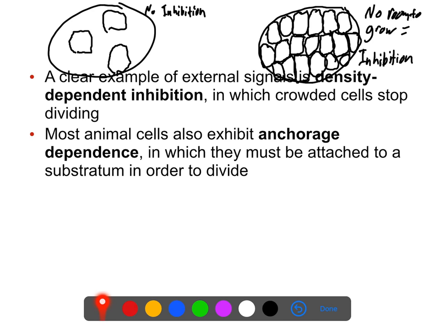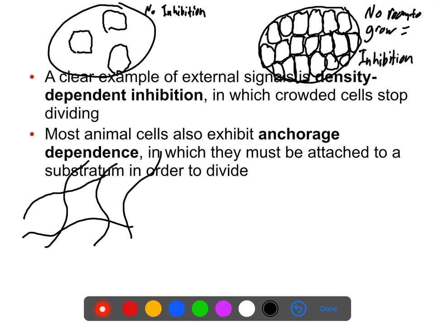They're attached to what's called the extracellular matrix, right? So the extracellular matrix is this network of protein fibers that the cells are embedded in.